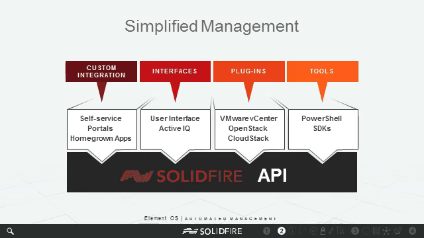Whether those are tools, so PowerShell and software development kits, whether those are interfaces, our user interface, or the ActiveIQ cloud monitoring software that we include free with every array, whether that's plugins, CloudStack, OpenStack, VMware, or whether that's custom integration, that you have a self-service portal that you want to be able to integrate in, that you have homegrown apps that are going to be able to either report against or provision against the storage array directly. The API is there to be able to facilitate all of that.